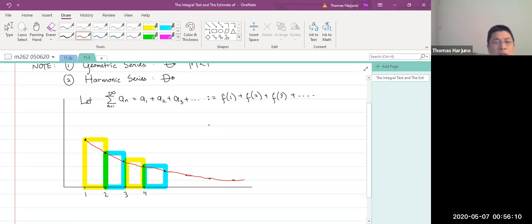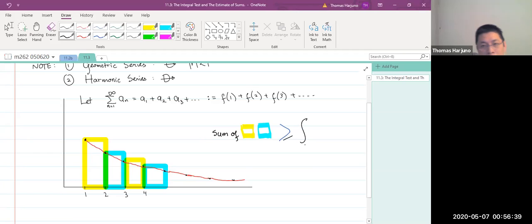Notice that the sum of those boxes is greater than or equal to the integral under the curve of f(x), from 1 to infinity of f(x) dx.